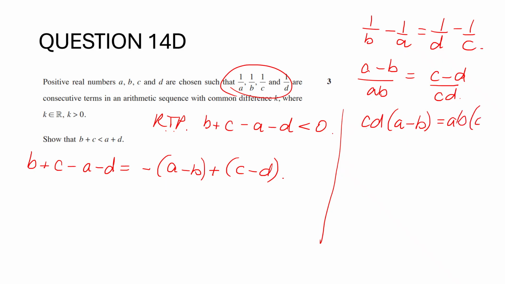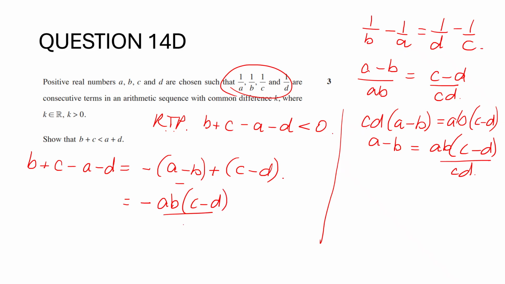c minus d. Okay, can we do a substitution here? A minus b is equal to ab, c minus d all over cd. Okay, so this is equal to negative ab, c minus d on cd plus c minus d, and making it into 1 we've got cd.